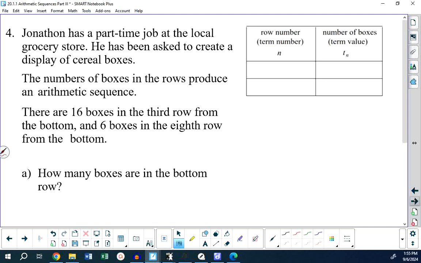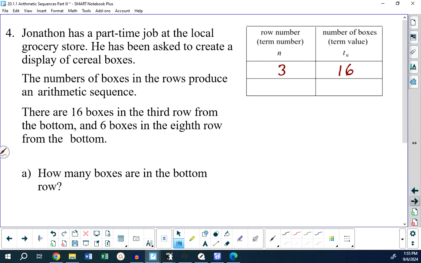So if we look at this logically, it makes sense for us to say when n is 3, Tn is 16. But you need to be aware that as soon as we do that, we're committing ourselves to the fact that we're saying the bottom row is T1. The bottom row is T1. It has to be.